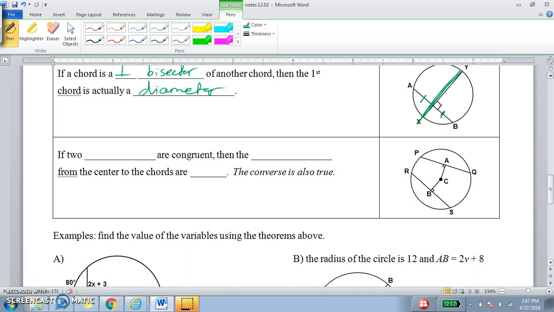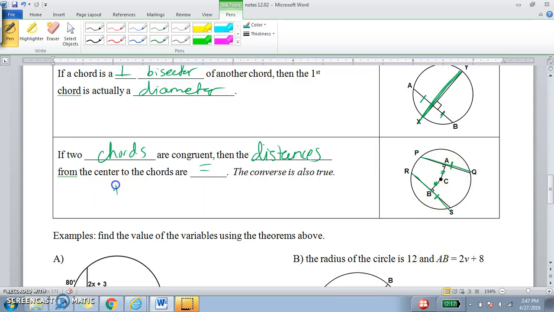And then the last theorem: if two chords are congruent, then the distances from the center to the two chords are equal. Okay, so if PQ is the same as RS, if these two chords are congruent, then the distance from C to A is equal to the distance from C to B. So we'll put 2 marks on those.